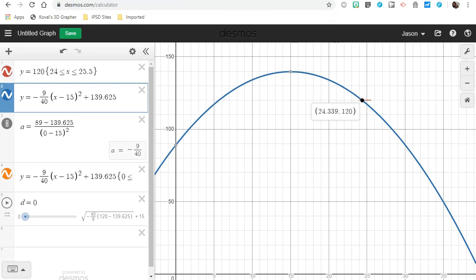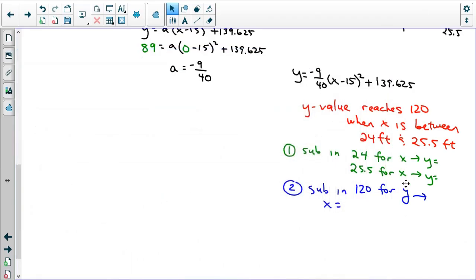So since that's the case, we would assume that Jason's shot is likely to go in, since 24.339 is between 24 and 25 and a half.